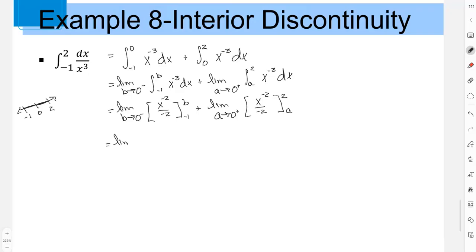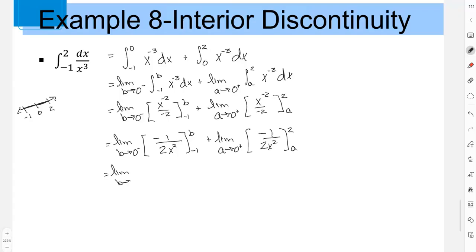So I'm going to use the fundamental theorem of calculus, plug in my limits. So this is negative 1 over 2x squared from negative 1 to b, plus the limit as a goes to 0 from the right of negative 1 over 2x squared from a to 2.